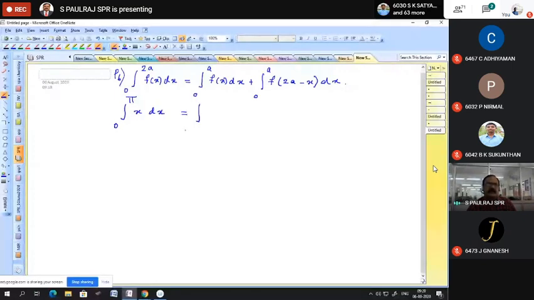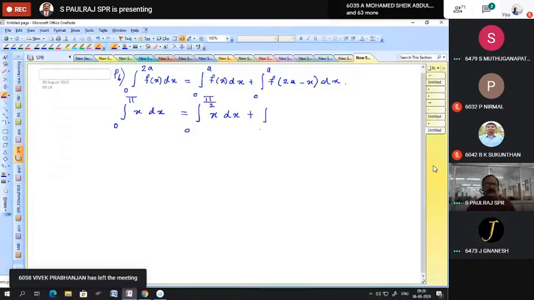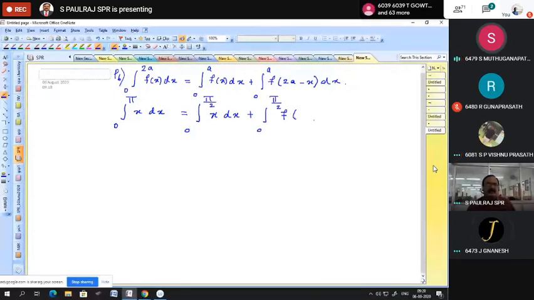Integral 0 to pi by 2 of x dx, plus integral 0 to pi by 2 of pi minus x.